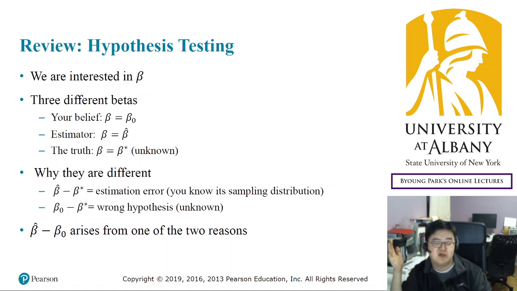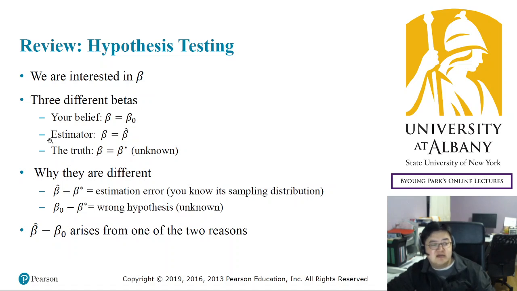So then beta will be -2 in my hypothesis. That is just a belief. It's an assumption, and it has nothing to do with the data. So it is your belief, and I would like to check if my hypothesis is consistent with the data.